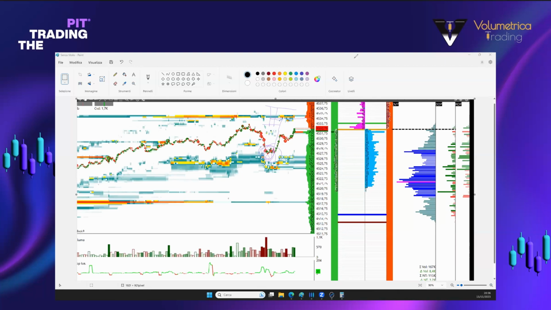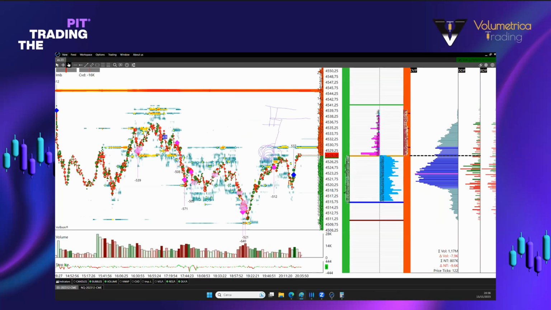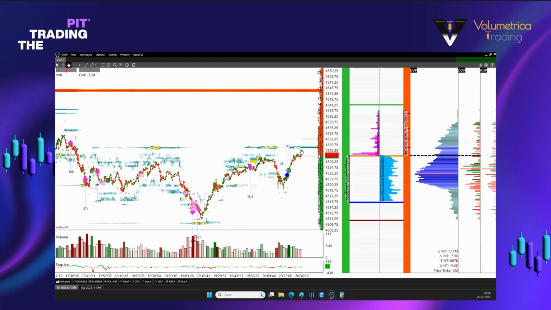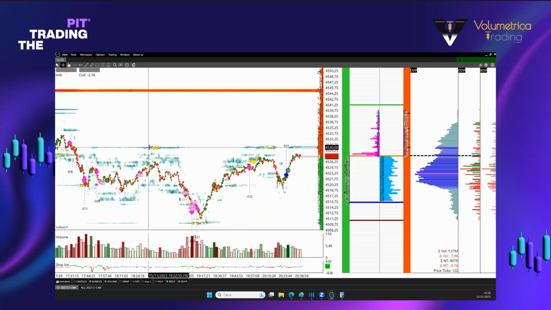In fact, let's go back to the real-time market. We had a nice price bounce from here. We don't have basically anything until we get here to 4,530.